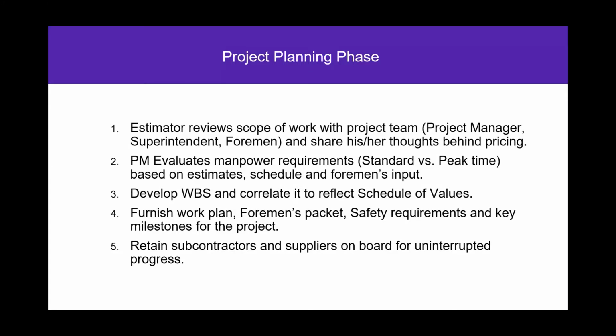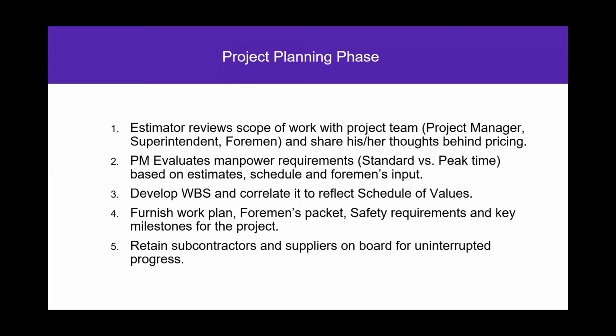Do you have a schedule in the beginning when you bid the job, and then another one when the general contractor asks you to synchronize your schedule with theirs, or how does it usually work? Initially, as an estimator, when I bid a project, I develop a schedule with the manpower requirements. Then I share my thoughts: for this specific activity, foundations, we have 890 linear feet on this project, and according to the GC schedule we have 30 working days.